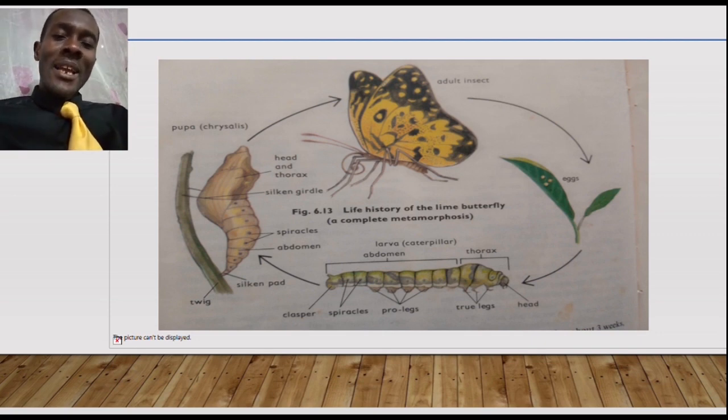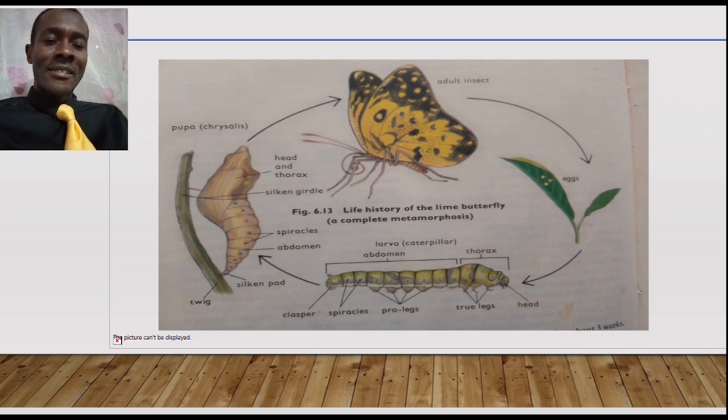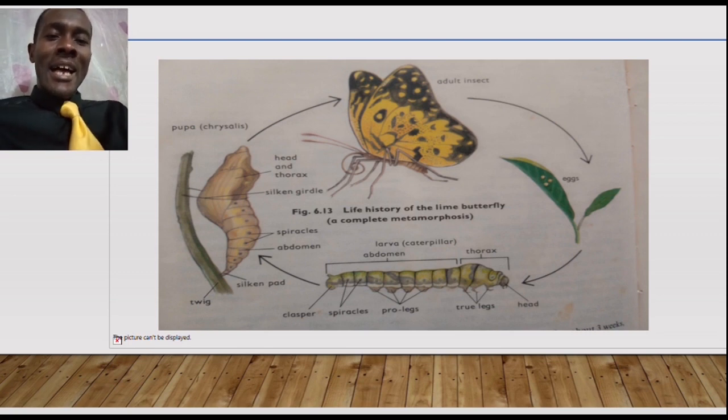Now, butterfly has what is known as complete metamorphosis, of which there are 4 stages. You have the egg stage, the larva stage, the pupa stage, and then the adult butterfly stage. With the understanding of this, you can know how to control the caterpillar.